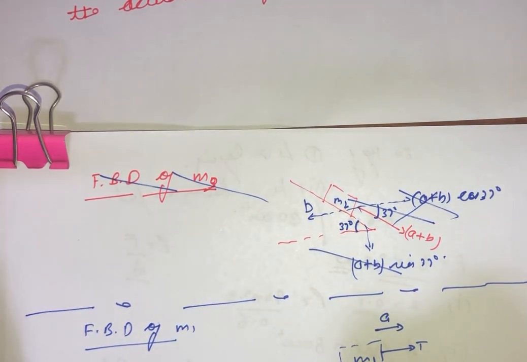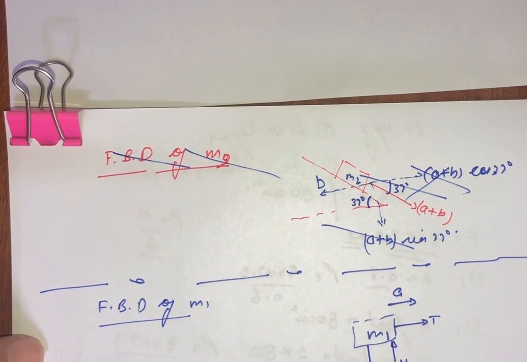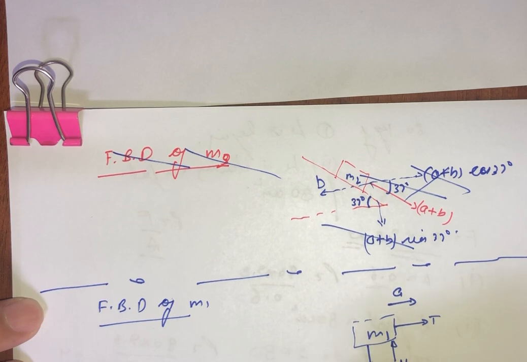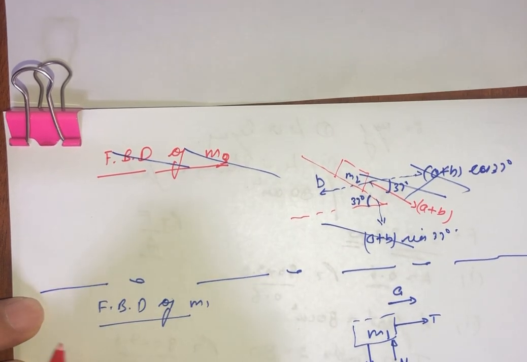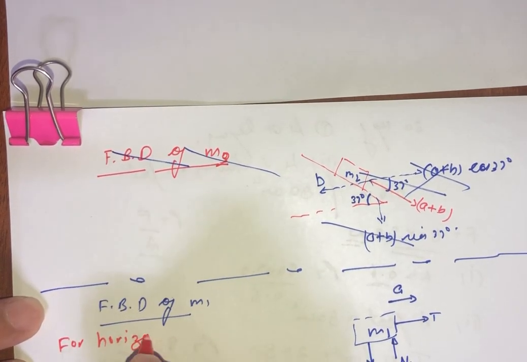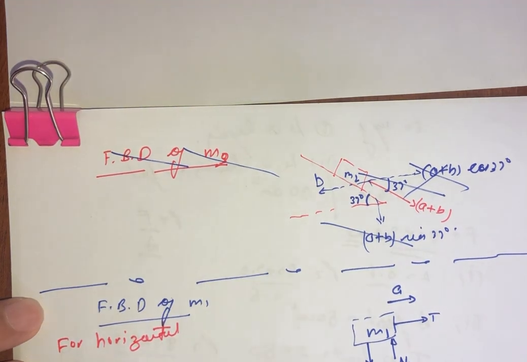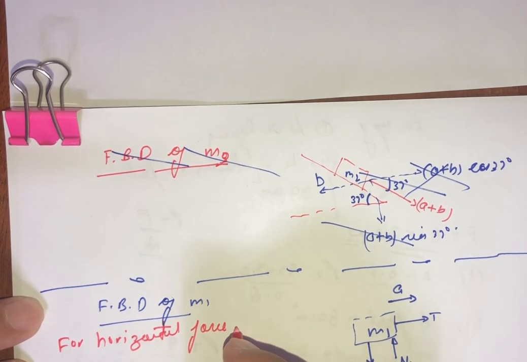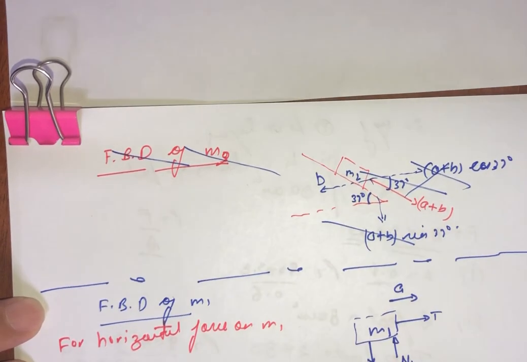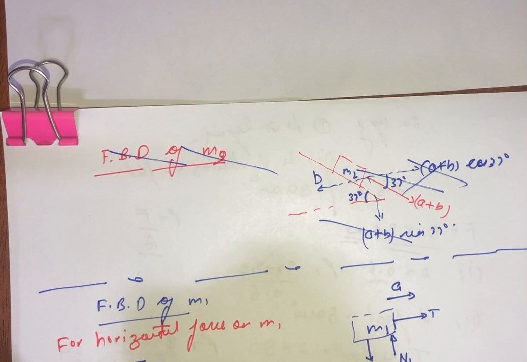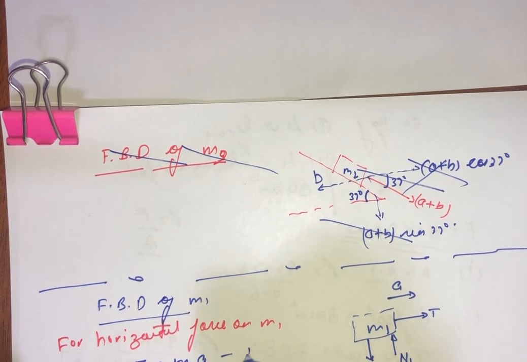Let us call this normal N1. As the motion is in the horizontal direction, we consider the forces in the horizontal direction only. So for horizontal forces on M1, we can say that T will be equal to M1 A. Let us call this equation number 1.